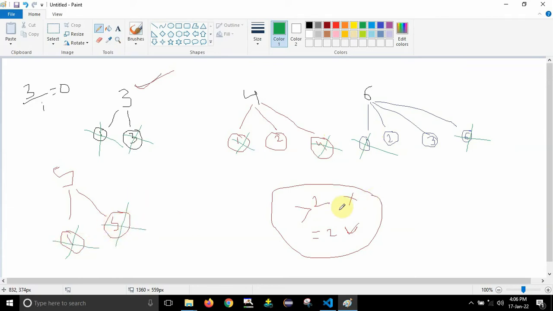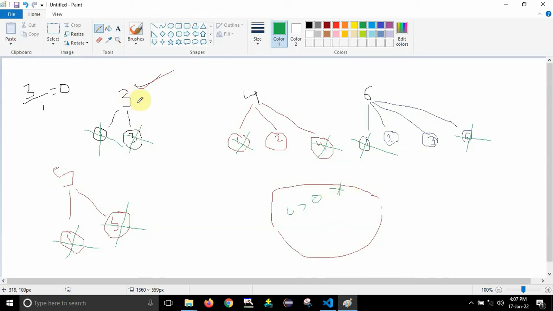So now my condition will be something like this. I need to erase these things, so I will erase these. Good. So now whenever my count value is greater than 0, I will say that it's not a prime number.